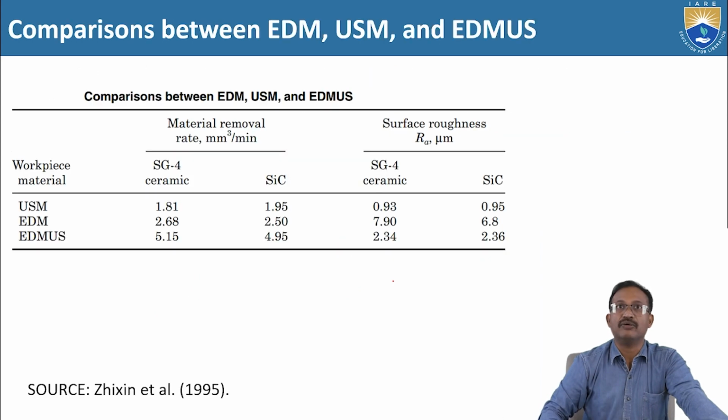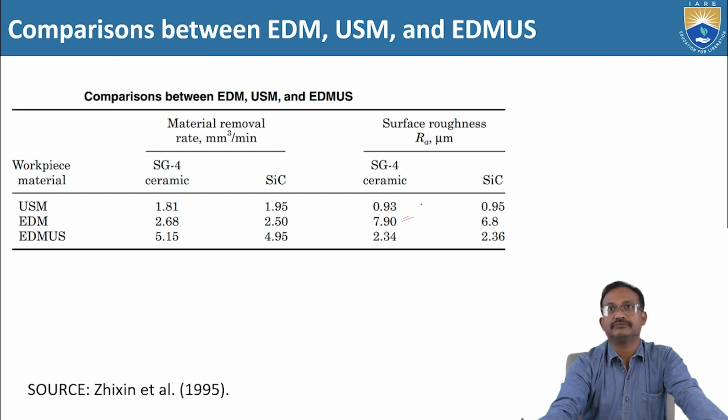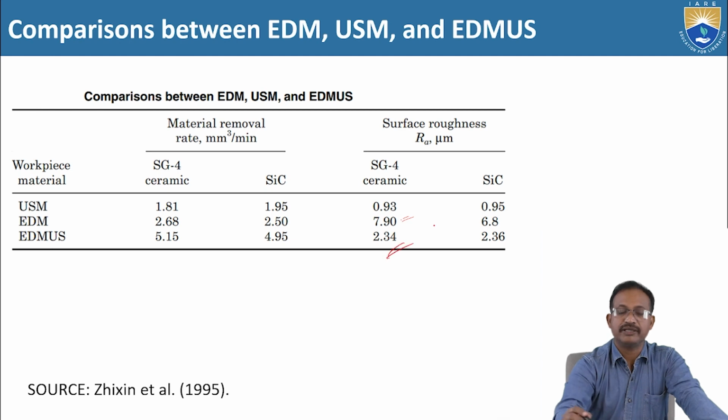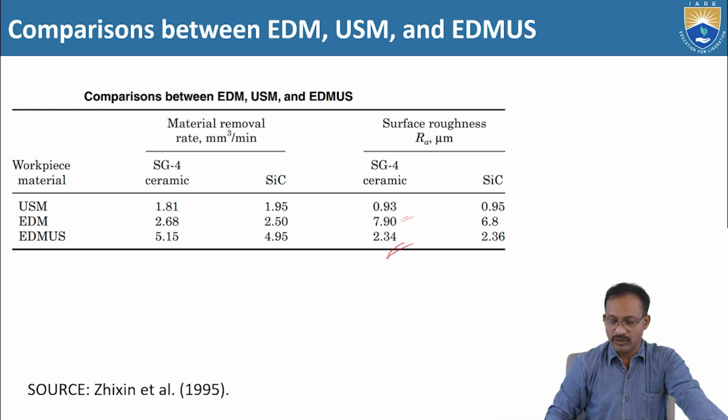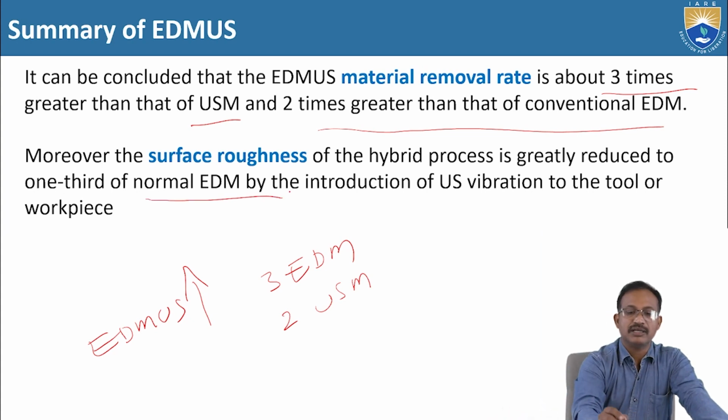So that's what we have discussed here. See here, this is 7.9. One third means 2.34 almost. That has been reduced to one third of the normal EDM.